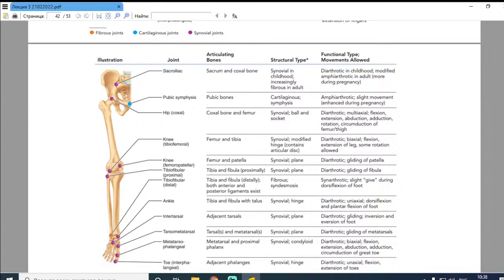Synovial line, large. For example, tibia and fibula with talus, synovial hinge, diarthrosis, uniaxial, and others. Many joints. You must know these joints.